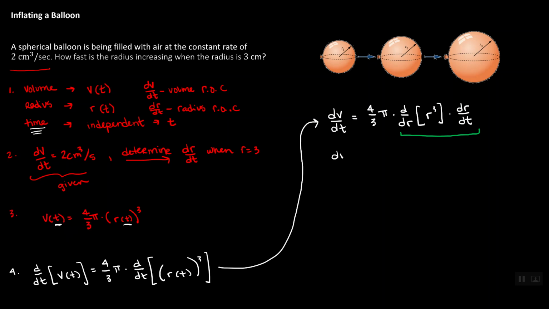Let's go ahead and carry this equation down. The derivative of r cubed with respect to r, that looks like 3r squared, and then multiply that by dr/dt. This is our related rates equation.